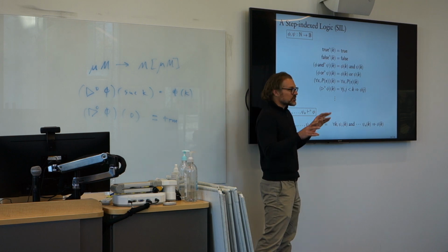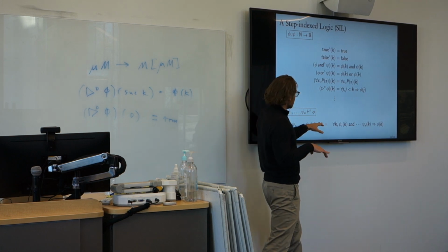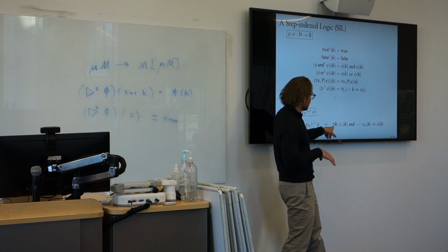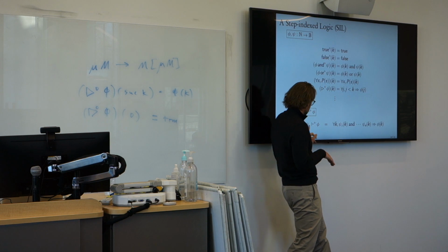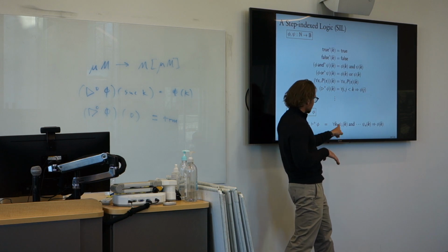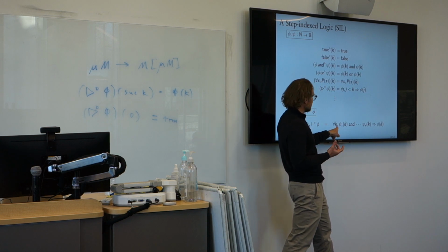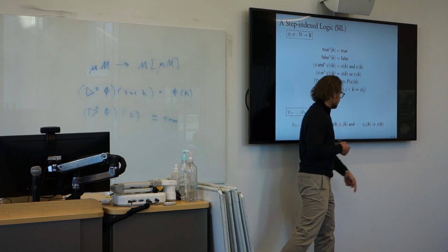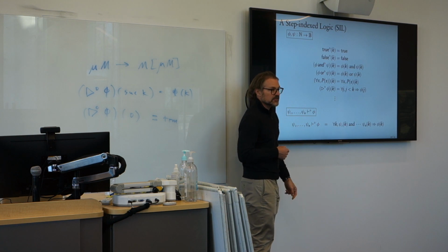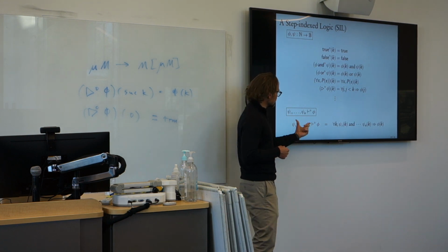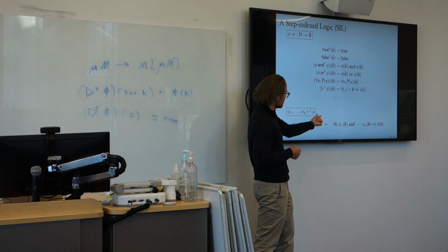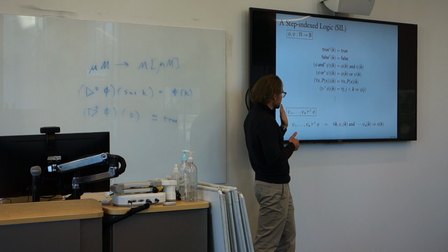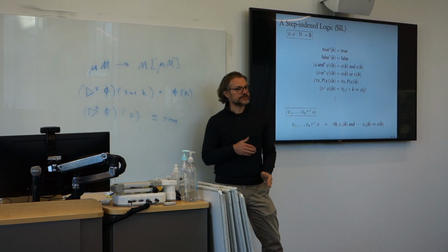This is a light embedding approach, so the way we're going to define this is semantically: for any step index k, if all the premises are true at k, then phi at k needs to be true. So this basically means I have a bunch of premises and a conclusion, and this will hold when for all step indexes the premises imply the conclusion.